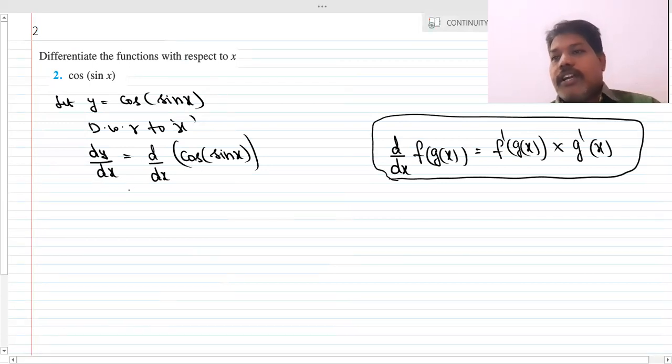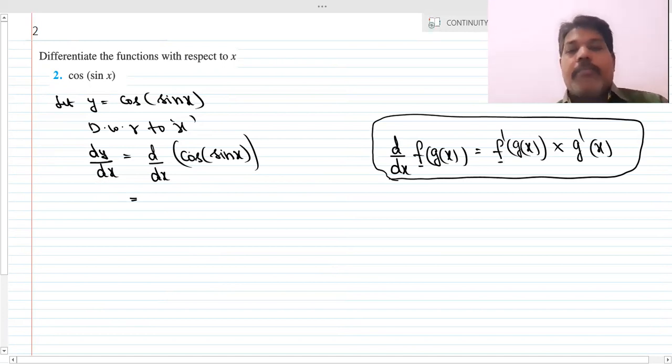So you have to understand that. First you have to differentiate the cos, that means f dash is the first function's derivative. The cos derivative is nothing but minus sine. So you will get minus sine of g of x, which remains the same, that is sin x.